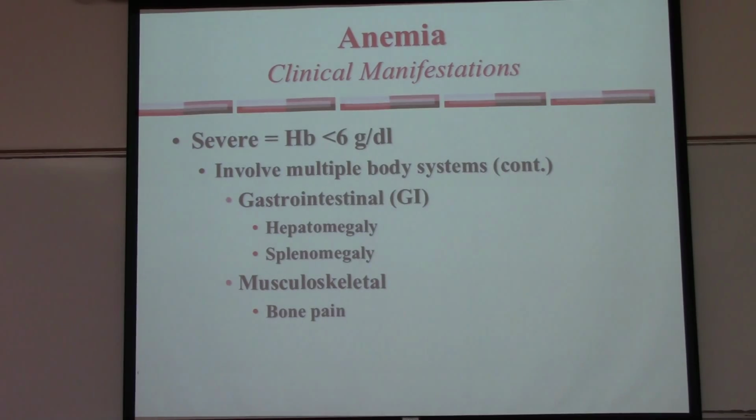Musculoskeletal bone pain. If the bone is trying to make more marrow, not make more marrow, but make more cells, then that can cause bone pain, and a lot of cancer patients, when they're getting treatments, will complain of it. It's not the treatment necessarily, rather the epigen that they're giving.